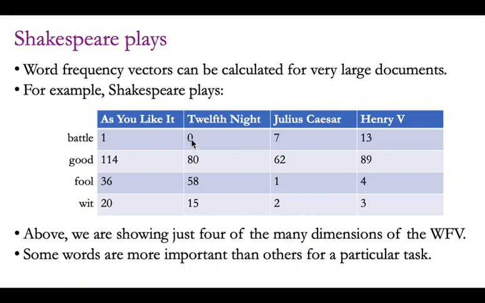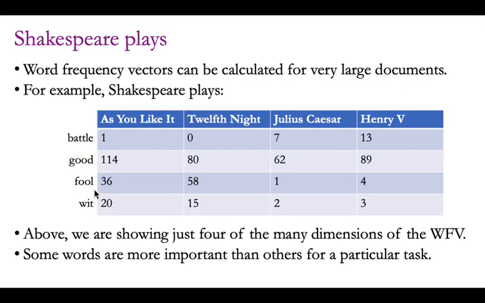These are words that are maybe illustrative. The word battle is mentioned hardly at all in 2 of these, but it's mentioned several times in the Julius Caesar and Henry V plays. The word good is mentioned across all 4 plays, so maybe that word's not very informative in distinguishing the difference between these plays.